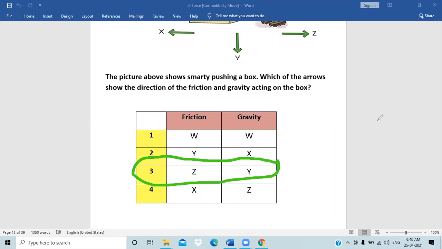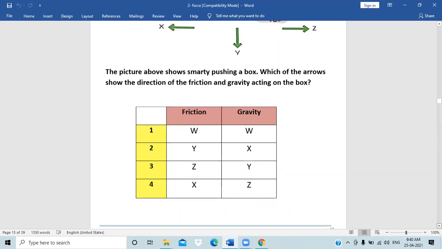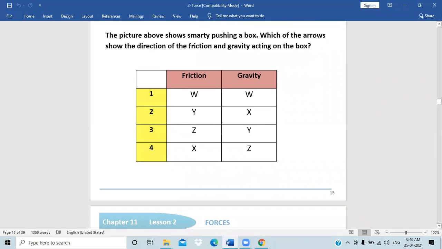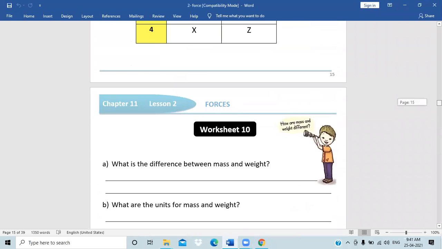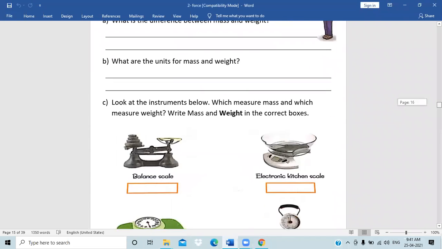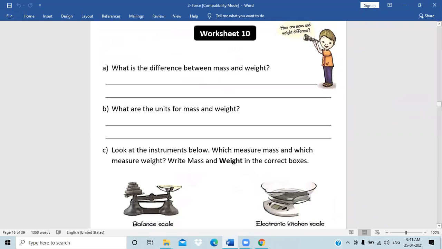All right, she's coming in. Let's go to the next page, which is page 16. We already did this page, guys, in a previous PowerPoint. If you didn't do it, let's do it together.